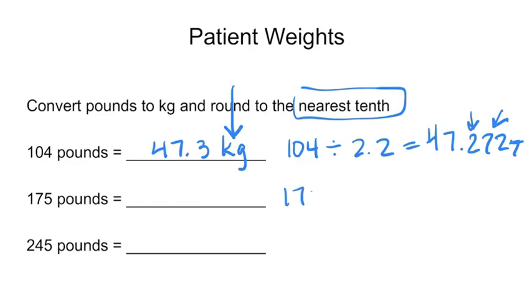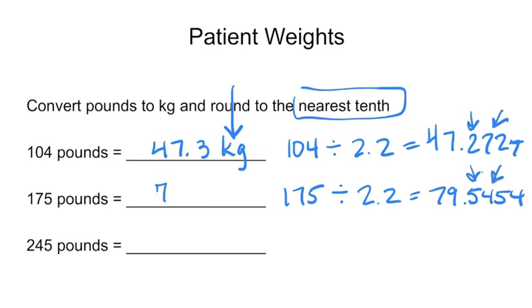175 divided by 2.2 equals 79.5454. So to round to the nearest tenth, I want to look at this 4, and I'm not going to round up, so the answer is going to be 79.5 kilograms.